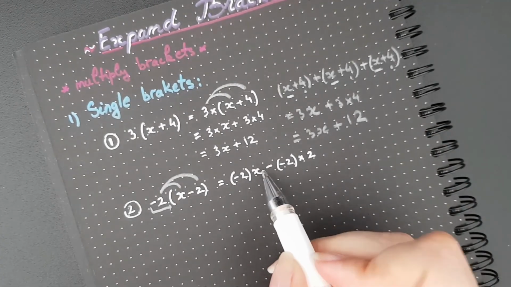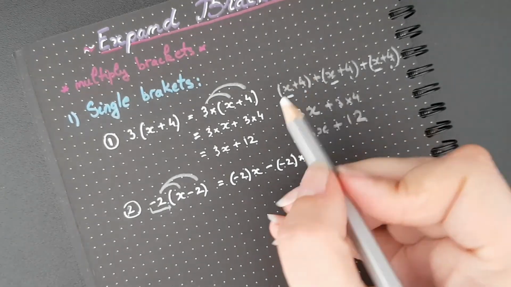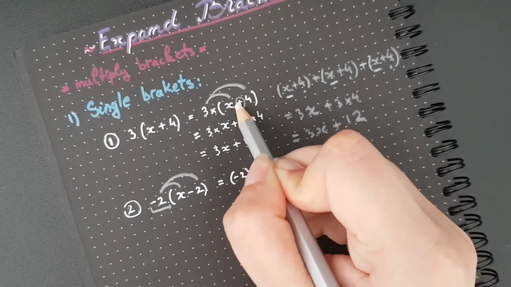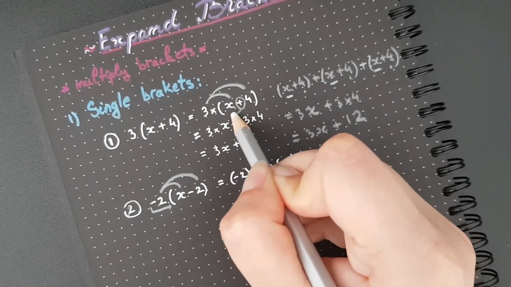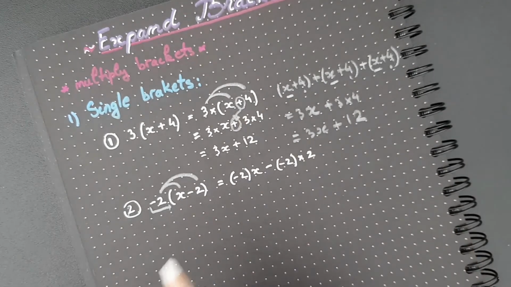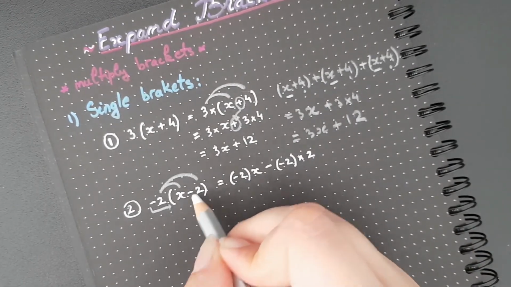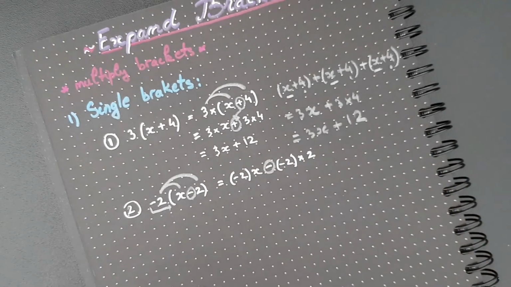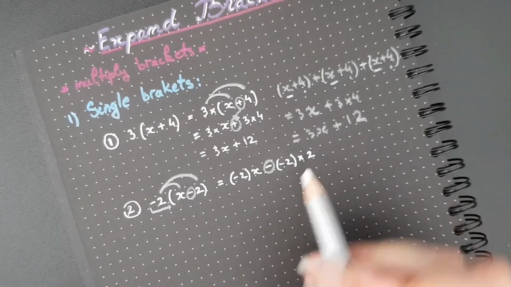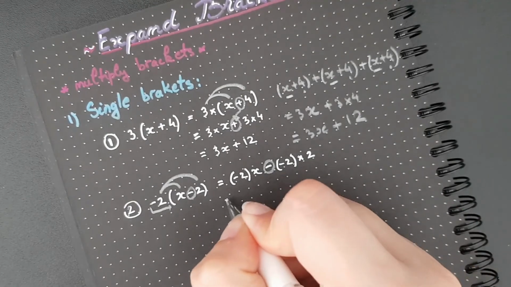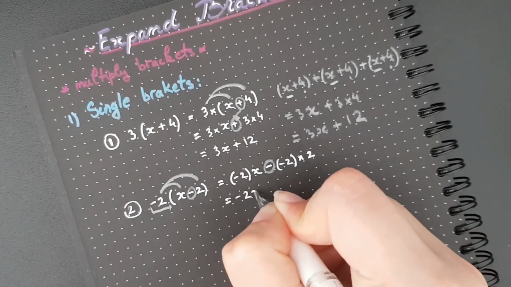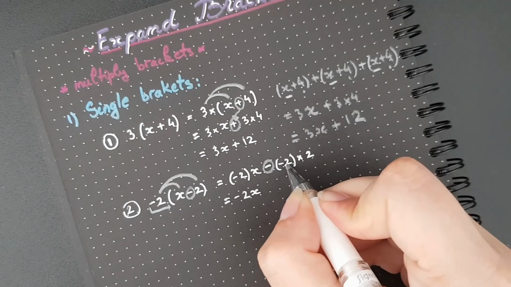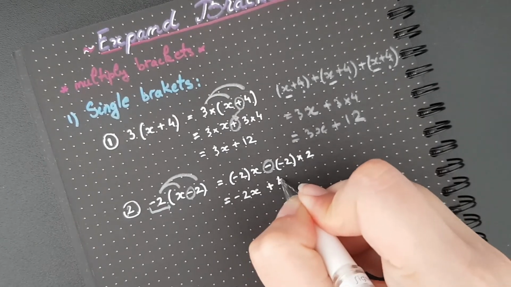What I should have mentioned on the top is, you see this plus, this is the plus that moved there into this plus there. So this minus is the minus there. I have to be very careful because I'm multiplying by a negative number. This becomes negative 2x, and this is a minus and a minus, which makes a plus 4.